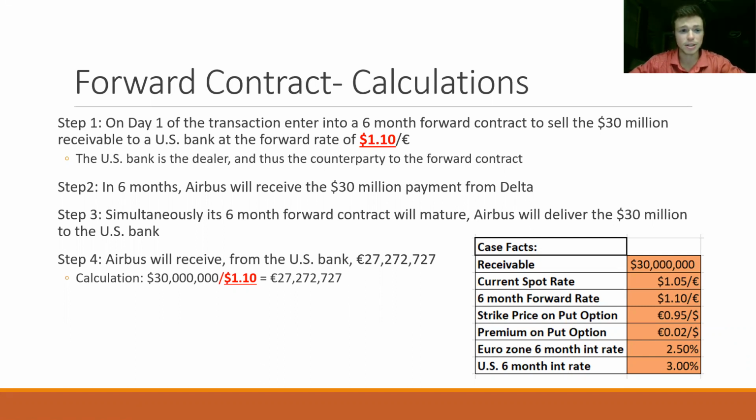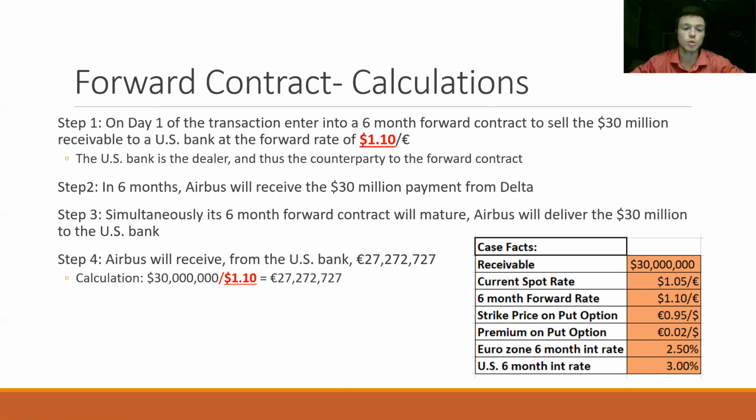Step two, or just next down the timeline here, in 6 months, Airbus will receive that $30 million payment from Delta, and simultaneously, its 6-month forward contract will mature, and Airbus will deliver the 30 million that it receives from Delta to the US bank that it entered into the forward contract with.